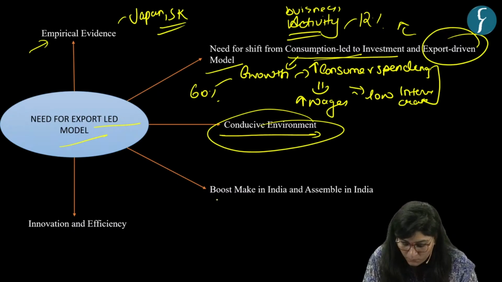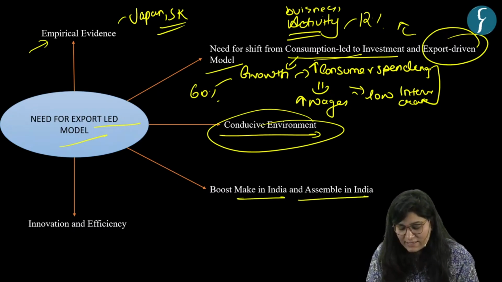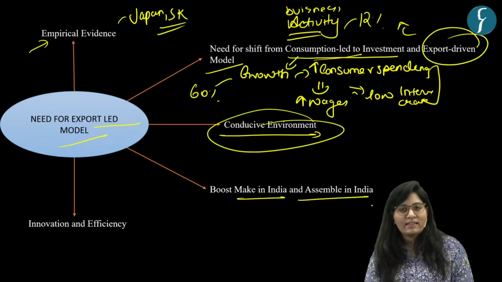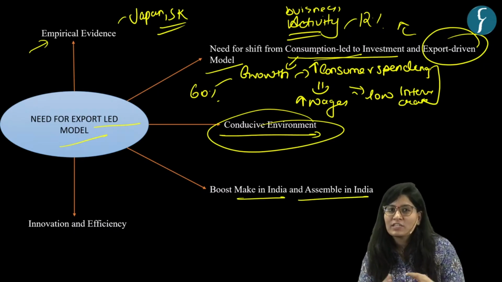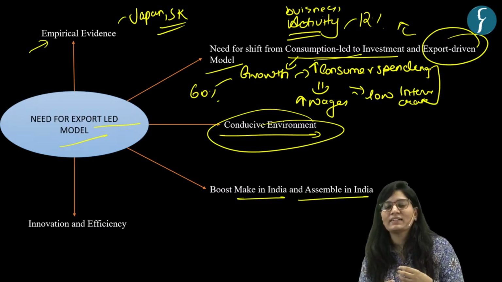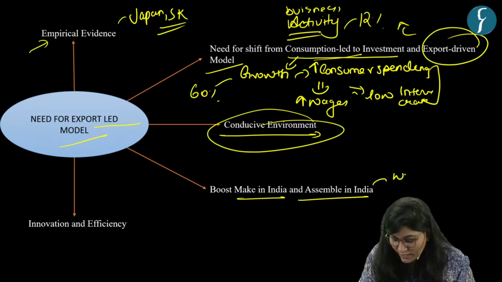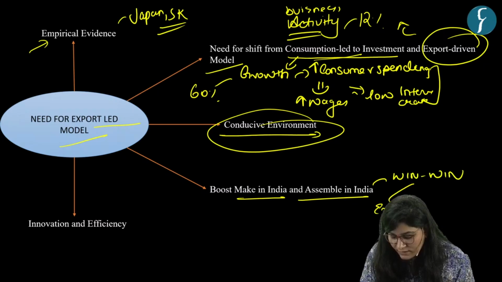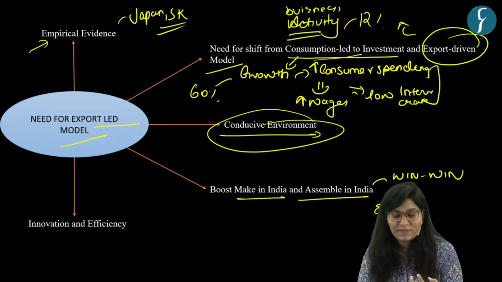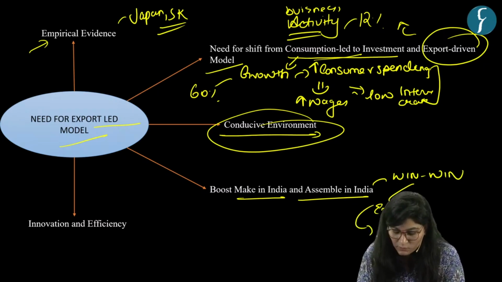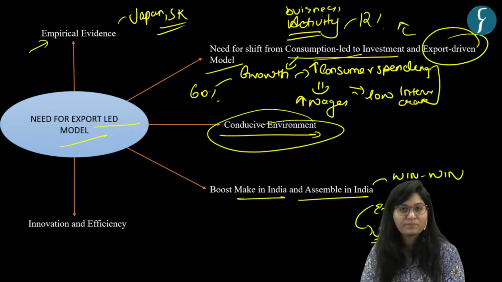Then we have boost to Make in India and Assemble in India. So if we combine these two, then it will give India a win-win situation. Why am I saying win-win? Because it will create a lot of exports, plus it will boost employment also.